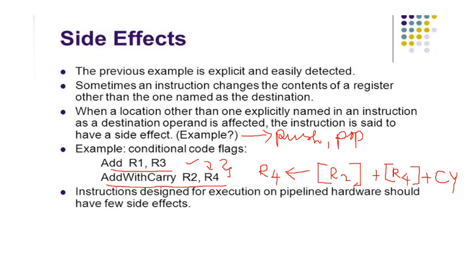Side effects such as setting the conditional code flag or updating the content of an address pointer should be kept to a minimum. However, the auto increment and auto decrement addressing modes are potentially useful for programmers. Conditional code flags are also needed for recording such information as the generation of a carry or the occurrence of overflow in an arithmetic operation.